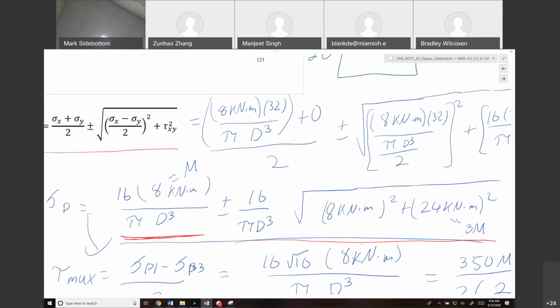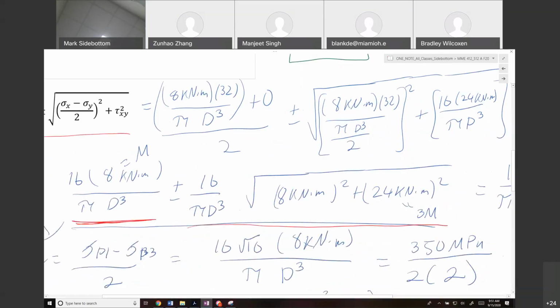But when we subtract the right-hand side from the left-hand term, we get a negative value of our principal stress. Because we have a 2D state of stress, our second principal stress is going to be equal to 0.